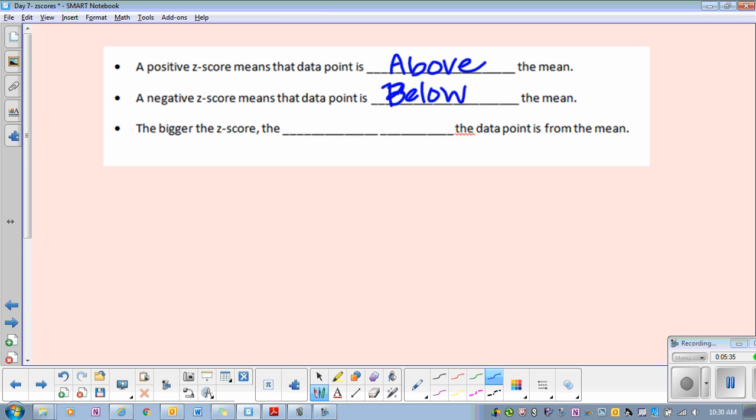And guys, the bigger the z-score, the further away the data point is from the mean. But the bigger the z-score, that's what you want. It means it's better.